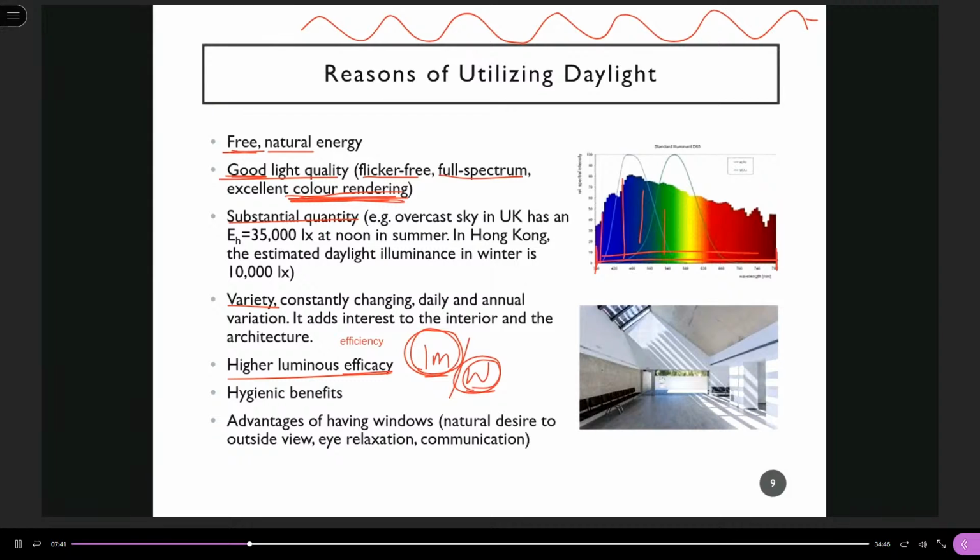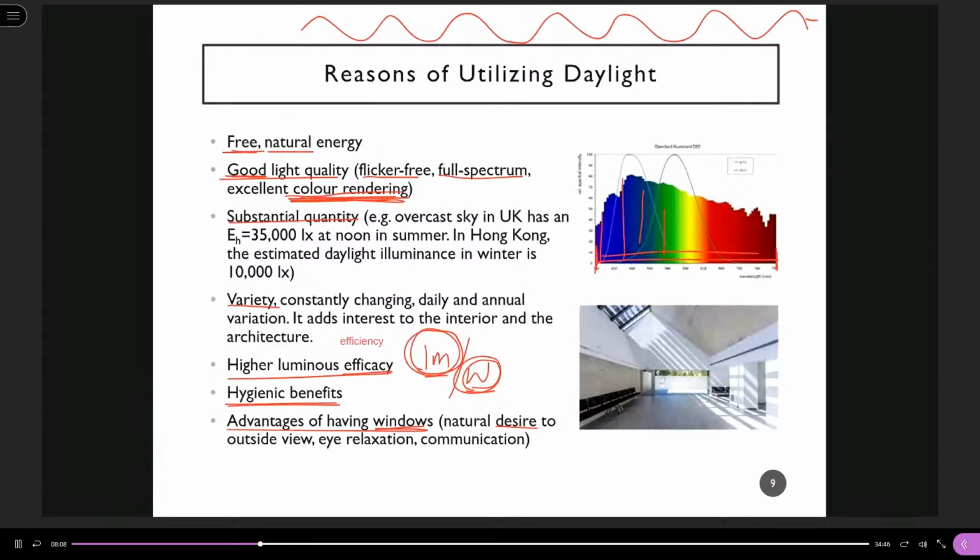Hygienic benefits. Sunlight can kill bacteria, so if you utilize daylight, you can have a more hygienic interior. And when you incorporate daylight, you need windows, and humans have a natural desire to look outside.